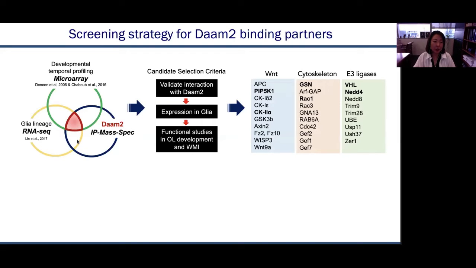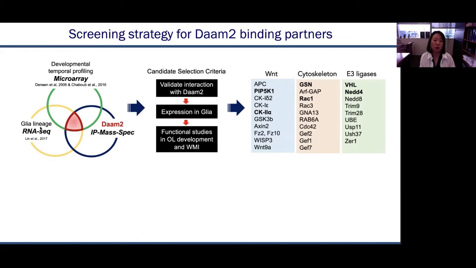By the time, we had done microarray to look at specific gene expression at different development stages. Nowadays no one does microarray, but this was done in the early stage of my postdoc career. And then we overlay with RNA-seq specific to the lineage using the reporter animal.